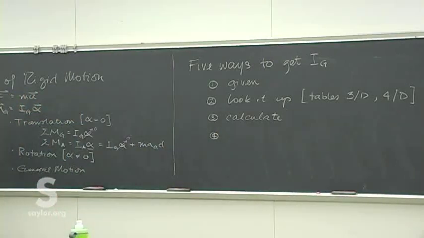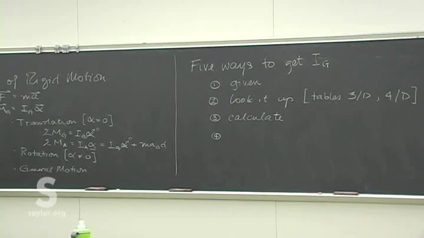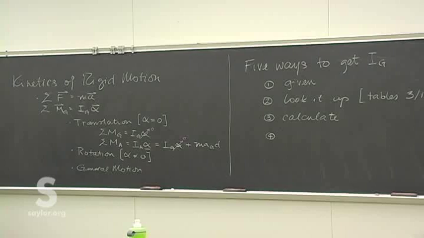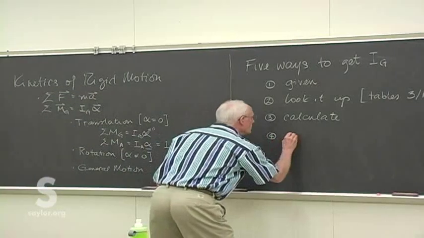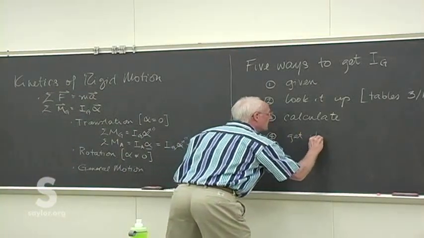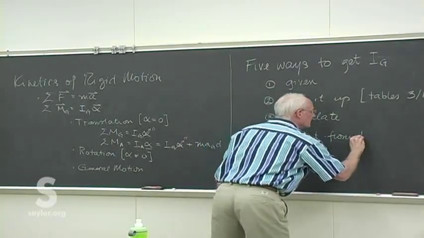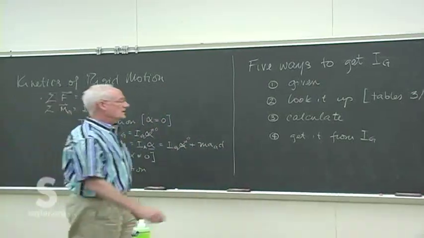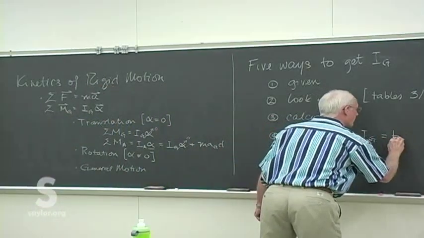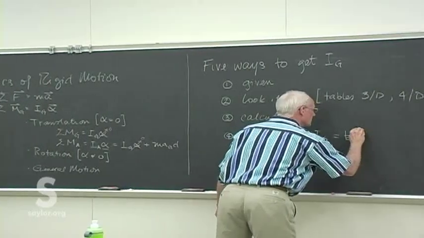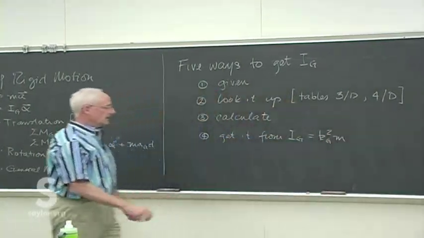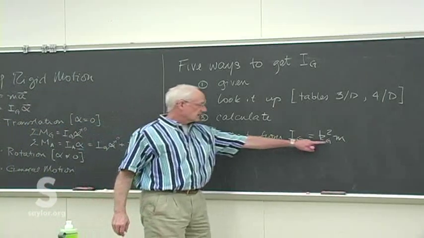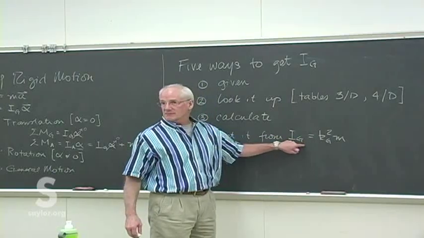The 4th way, again, this is no particular order, it's just maybe the steps you go through until you find it. You can also get it from the definition of the radius of gyration, which we use the little letter K. It also is about a specific axis, so again, these 2 subscripts must match each other.